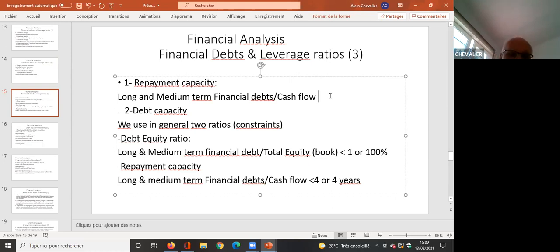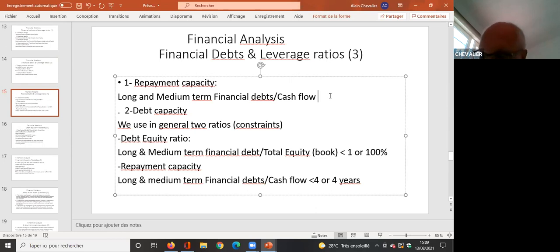So the long and medium term financial debt, book value, because you pay the book value, you don't pay the market value, as a CFO, is compared to the level of the cash flow available. And the idea here is that, of course, we have classical limits.